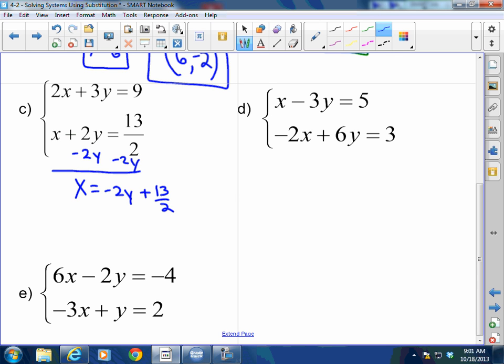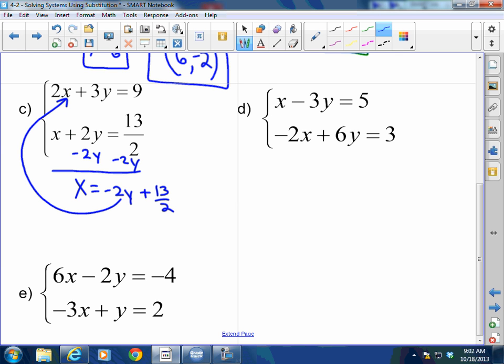I mean, I'm not trying to tell you what to do. I never said you had to isolate the y. I said isolate the easiest variable to solve for, whether it be the x or the y. Does that make sense, though, my friends? Yes. Okay, now that you know what x is, let's replace that x into there, right? Let's go ahead and do that.